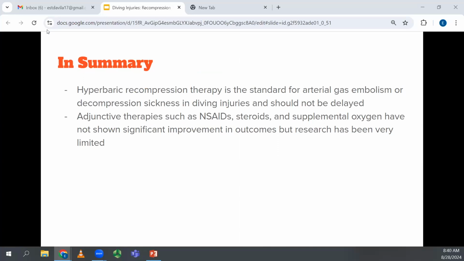And then adjunctive therapy such as NSAIDs, steroids, and supplemental oxygen have not shown significant improvement in outcomes, but it's probably worth studying, and probably wouldn't hurt a patient unless they have any obvious contraindications. And then, like I said, oxygen has been shown to reduce hearing loss permanently. So if they have any suspicion for hearing loss, just go ahead and start the 100% oxygen therapy.